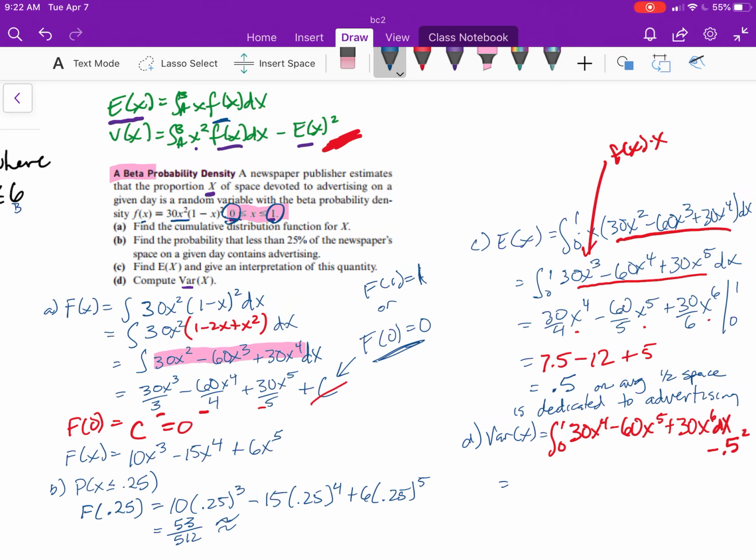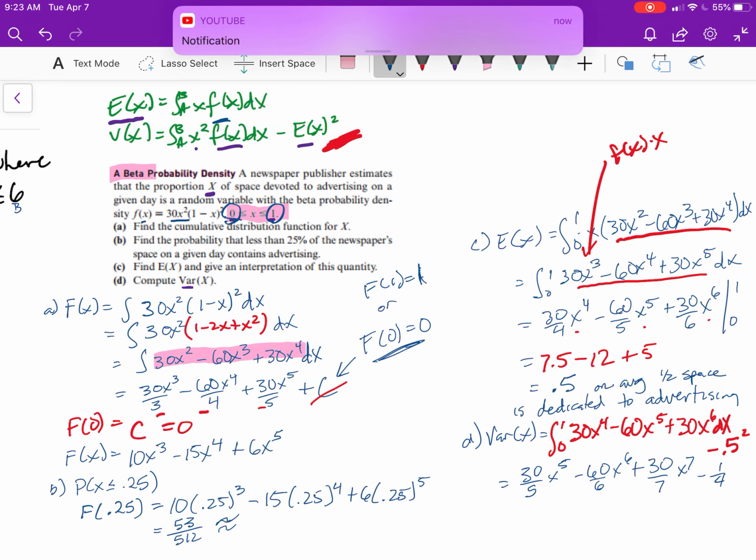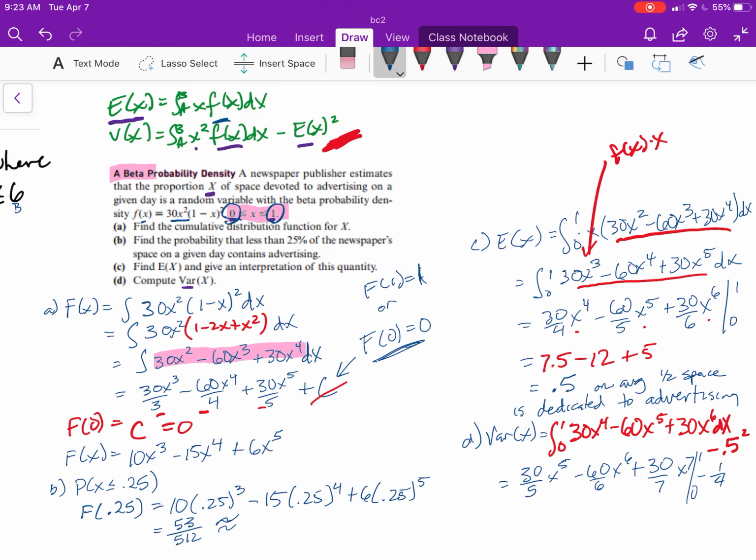Okay, integrate once again, so 30 over 5 x to the 5 minus 60 over 6 x to the 6 plus 30 over 7 x to the 7 minus 1/2 squared, or 1/4. Oh, and again, ranging this from 0 to 1. Okay. So again, all of the extras just become 1s.